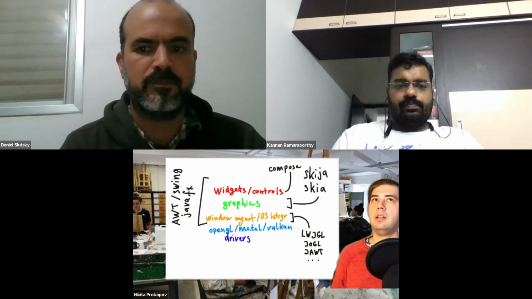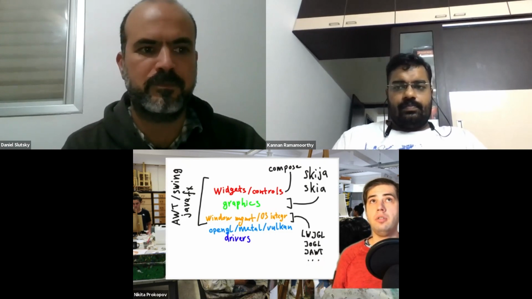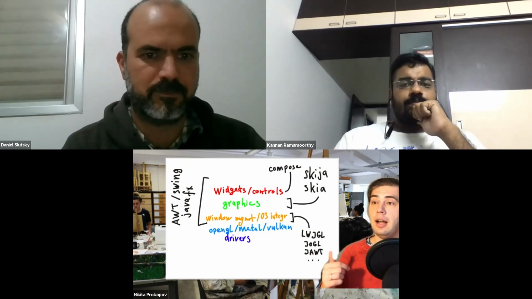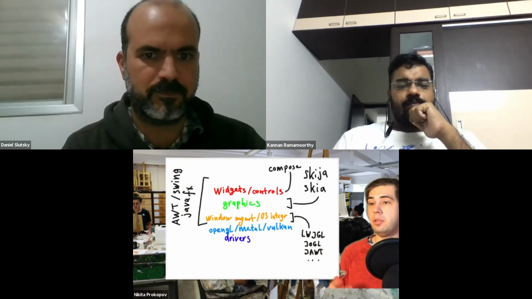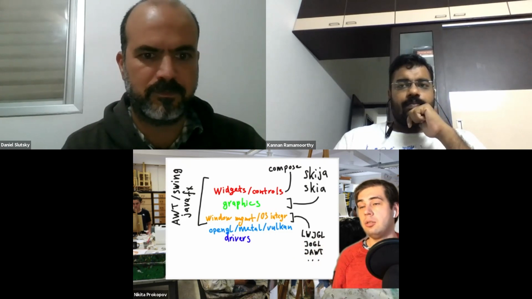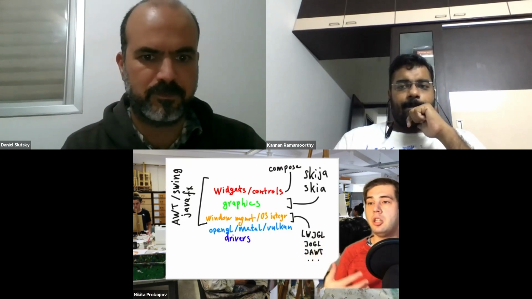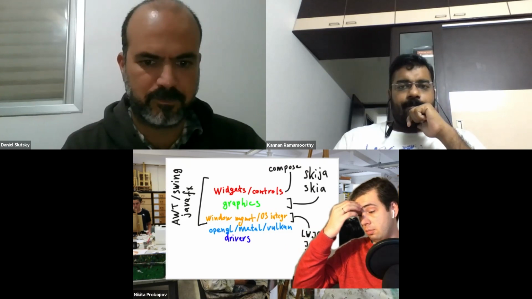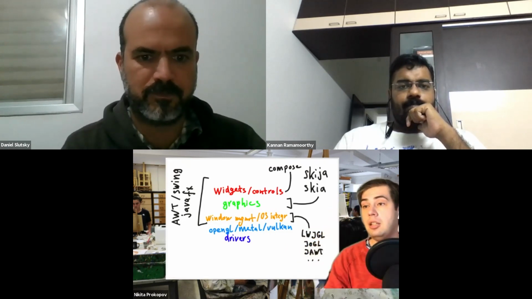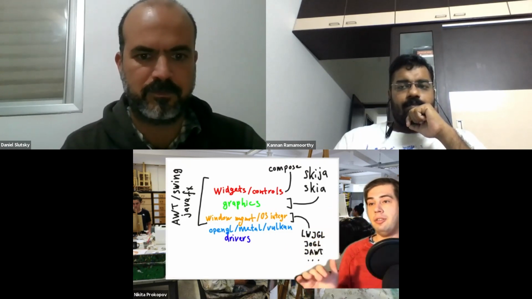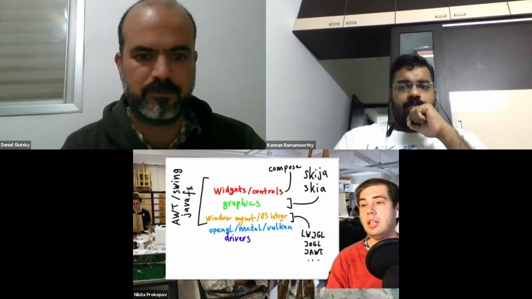We have Jetpack Compose for Desktop in JetBrains, which is based on Skija and which solves this problem. So it's like the next layer. With it, you can create the whole application, widgets, buttons, and stuff like that. But Skija handles low-level graphics stuff, just putting pixels on the screen.